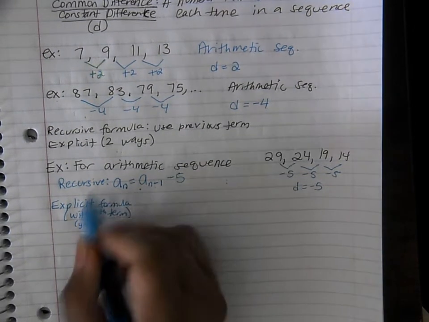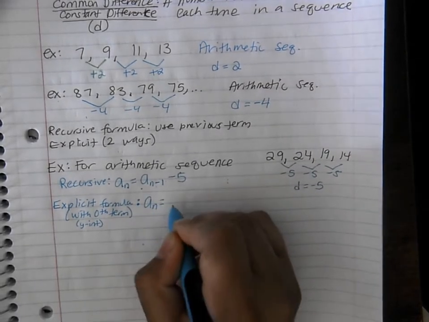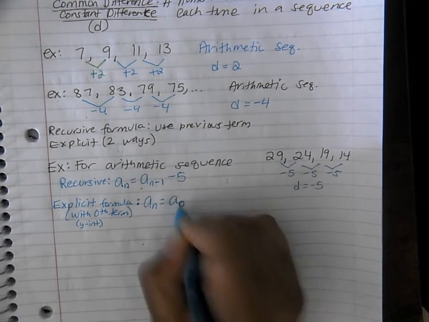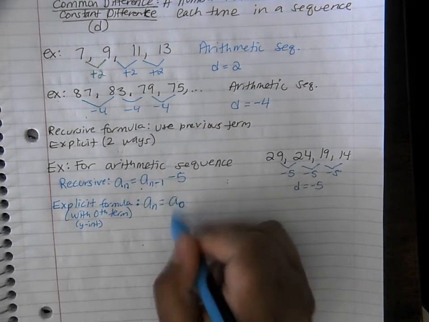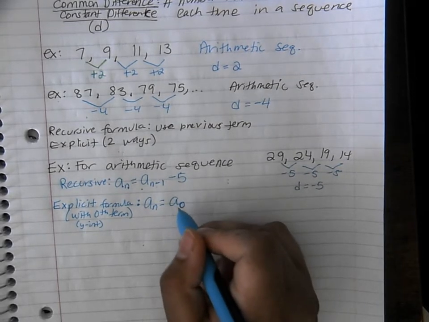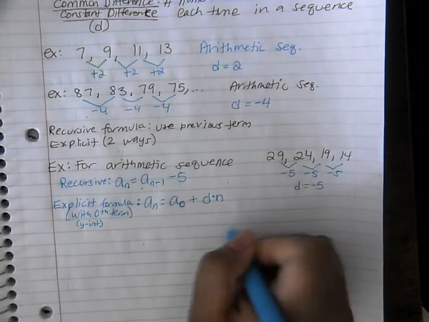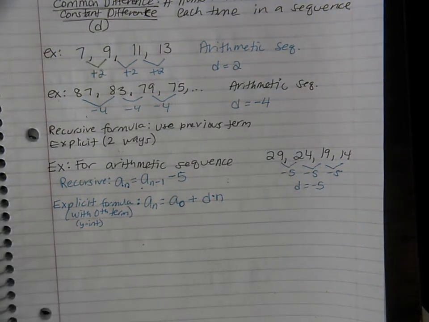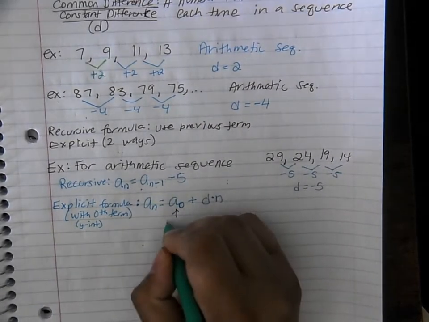The form for this explicit formula will always be similar to y equals mx plus b, but here's what it looks like with sequences: a sub n equals a sub 0, which is like your initial term or your y-intercept, plus d times n, or dn. If I label each of these parts, a sub 0 is the 0th term or the initial term.